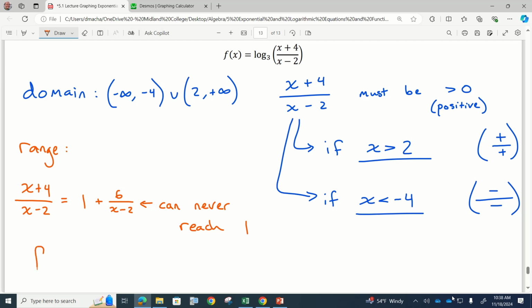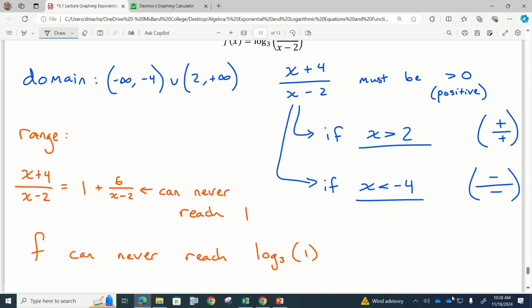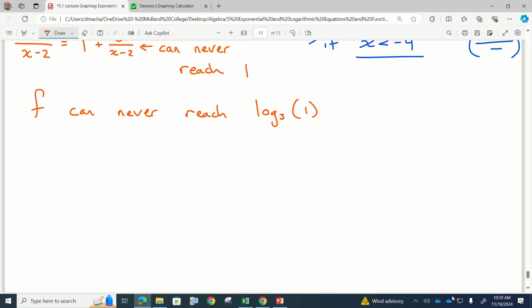And so that means f can never reach the logarithm of 1. Do you know what the logarithm of 1 is? So let's find out what the logarithm of 1 is.